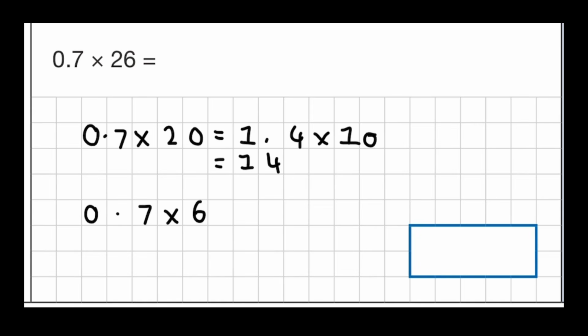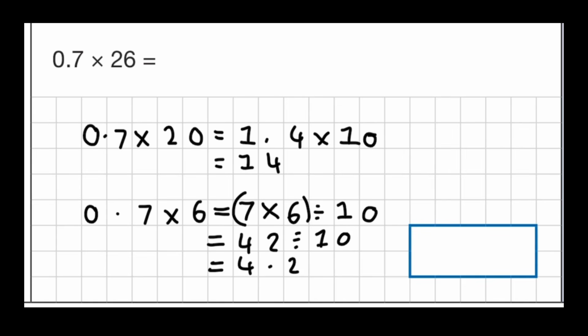We know that 7 times 6 is equal to 42. And 42 divided by 10 would be 4.2. So now we need to do 14 plus 4.2, which would be equal to 18.2. So the answer to 0.7 times 26 is 18.2.